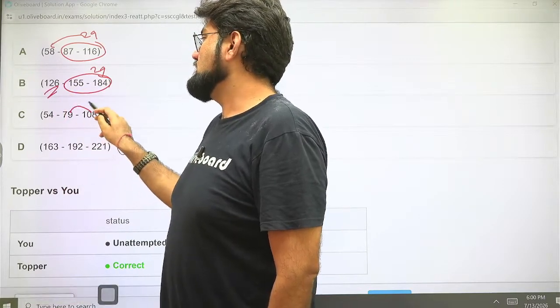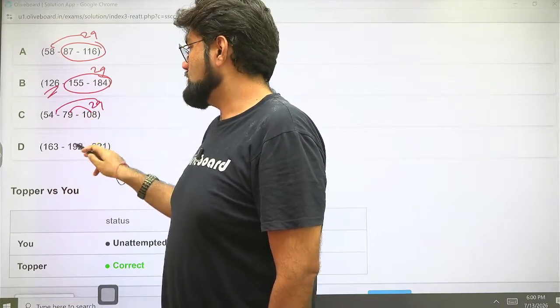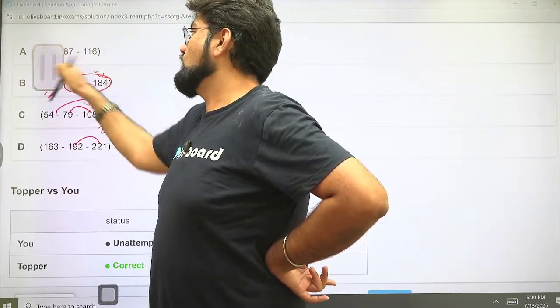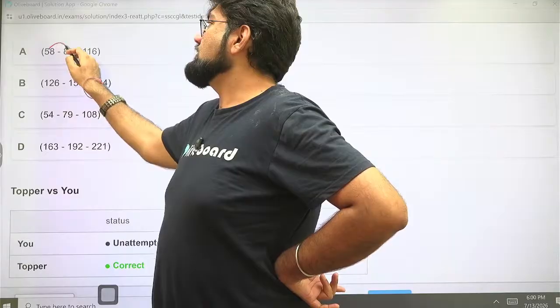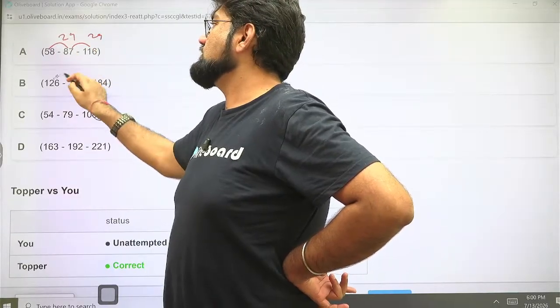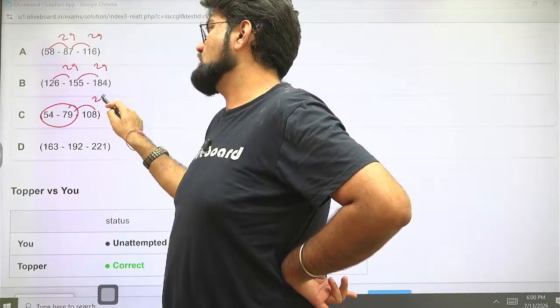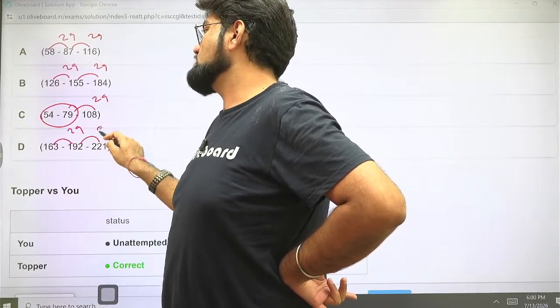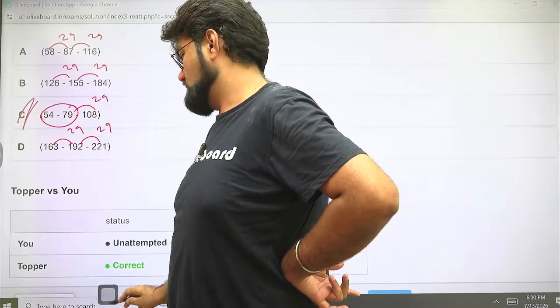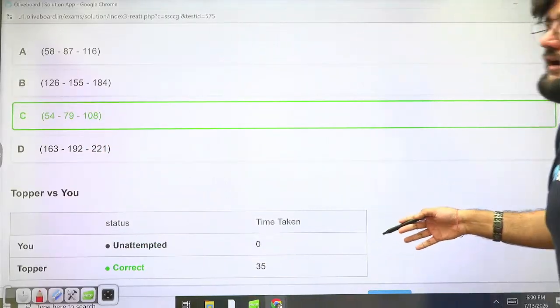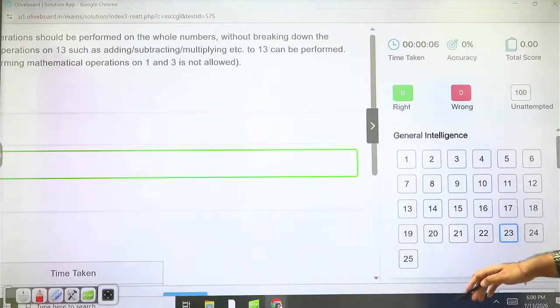You get 29 here also, and that is when you realize, okay, wait. The logic was difference of 29, difference of 29, difference of 29. No difference of 29 here, difference of 29, difference of 29, difference of 29. So option C is the odd one. The point is, how quickly will you arrive at this? Because initially you might not land at that. You might get confused, but eventually you will come back.